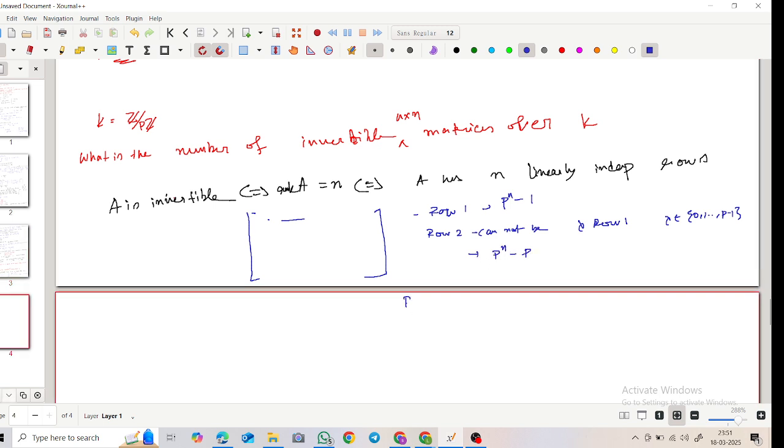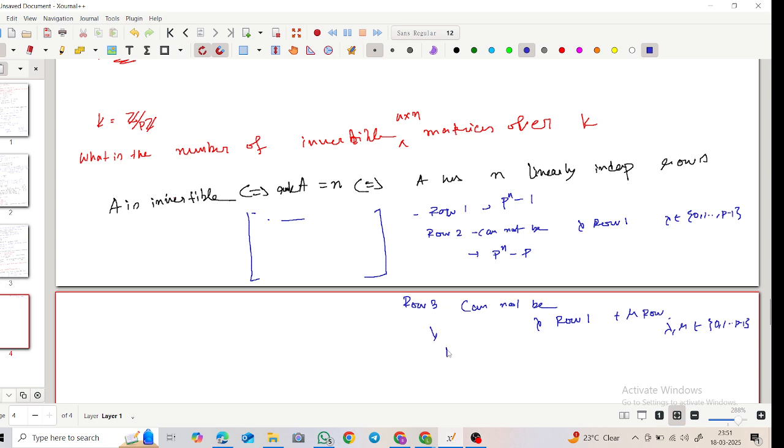Now row 3 cannot be lambda times row 1 plus mu times row 2, right? Row 3 cannot be a linear combination of those two. Each row has to be linearly independent. So lambda and mu belong to what? Again 0, 1, 2, up to p minus 1.